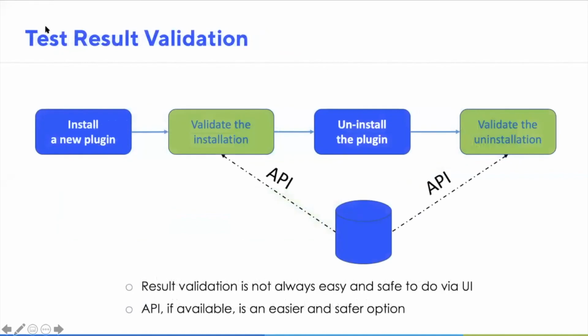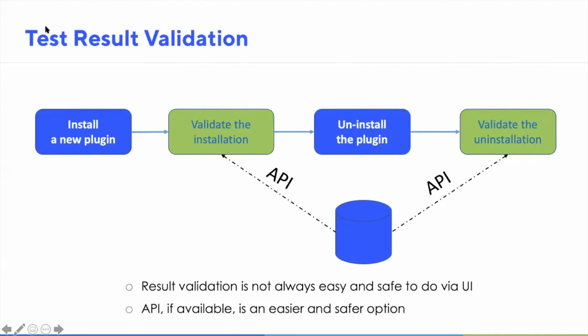All right. So last but not least is using API to do test result validation. A scenario I put here is when you install a new plugin, you call the API to validate that the plugin has been installed already, or when you uninstall the plugin, you validate the uninstallation again. Not all the time can you do it easily with UI, or sometimes the UI works but the thing is broken behind the scenes.